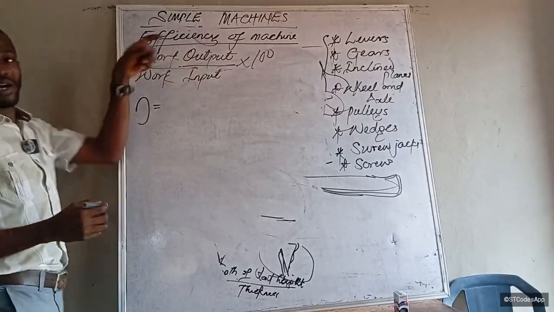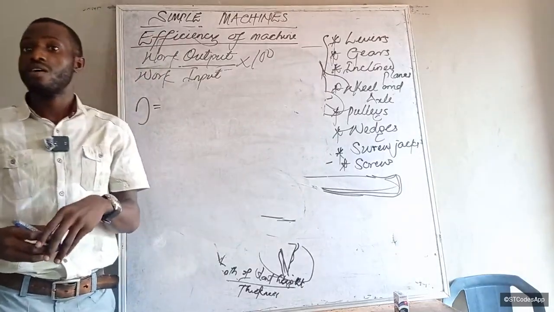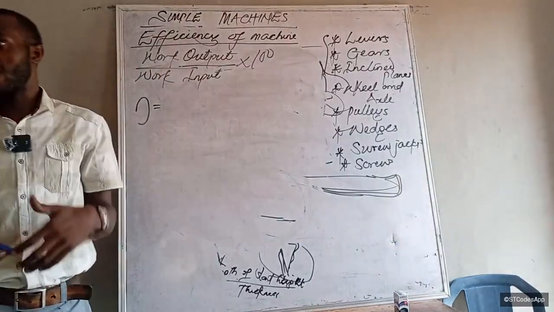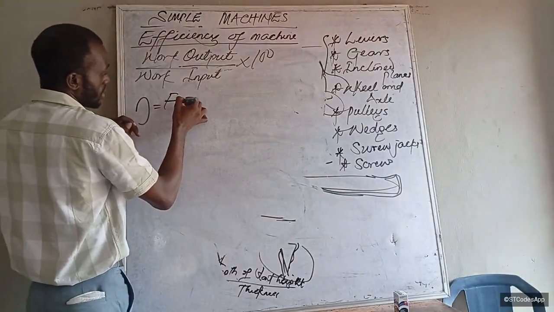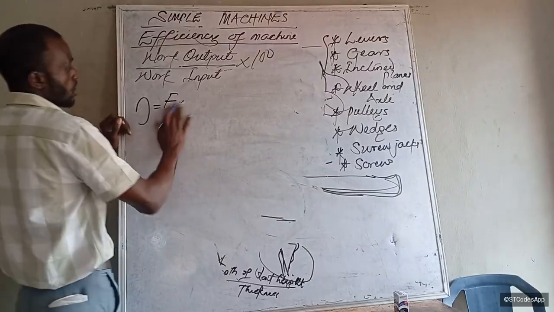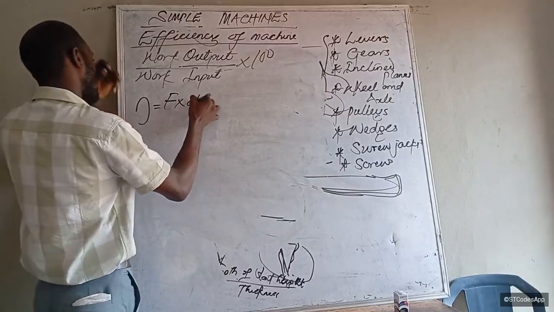You see, what is work? What's the formula for work done? Force times distance. Good.